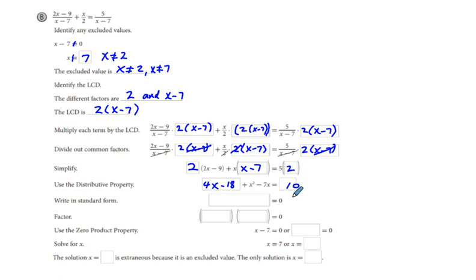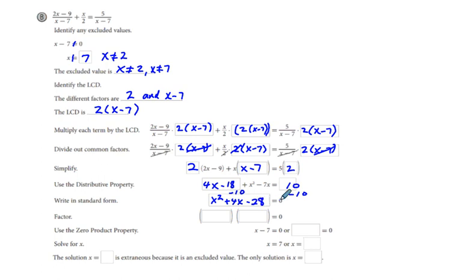So to write in standard form, we're going to subtract 10 from both sides of the equation. So what we're going to end up with is, on the left side, x squared plus 4x, and then negative 18 minus 10 is going to be minus 28.